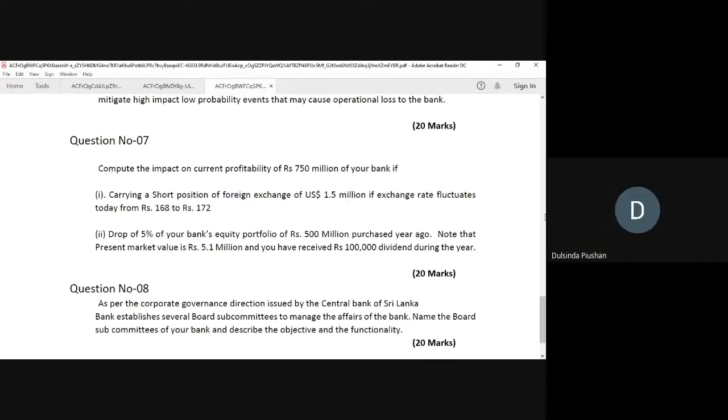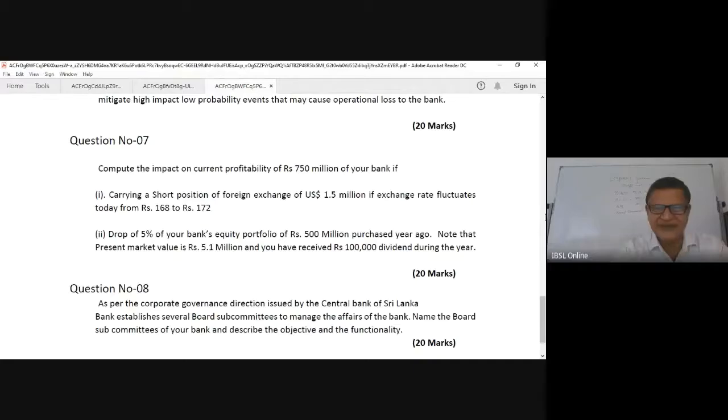Sir, if we go to question 7, part 1 again, what will happen to the profit if the rupee is appreciating? Then it is the other way about.